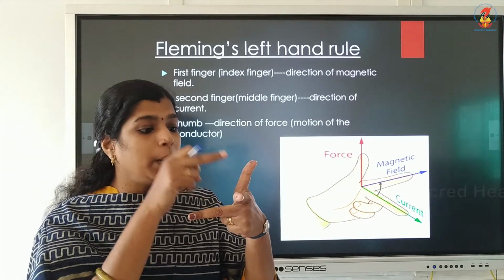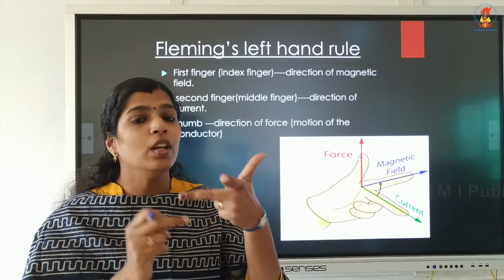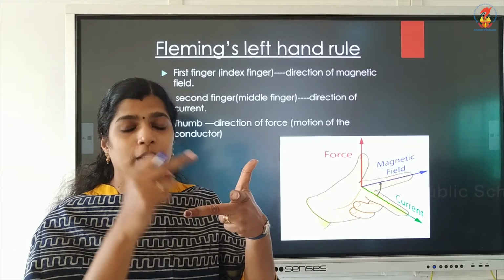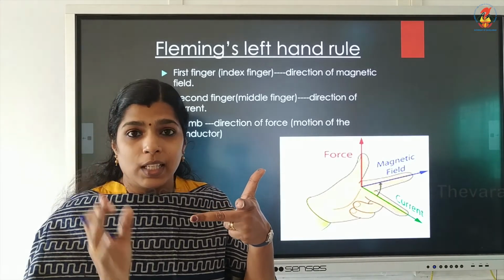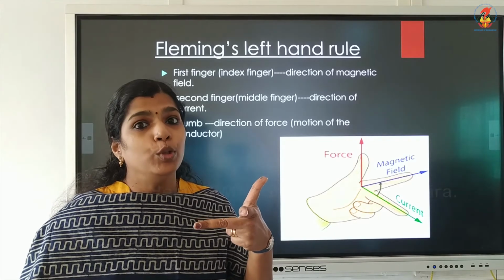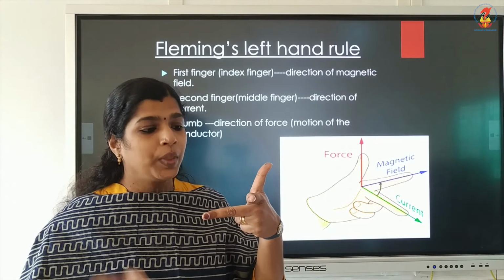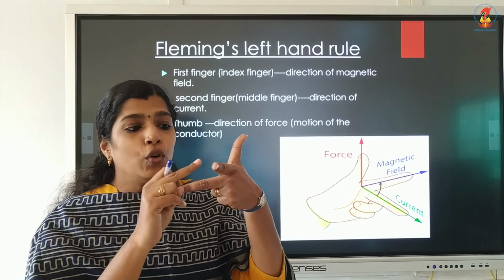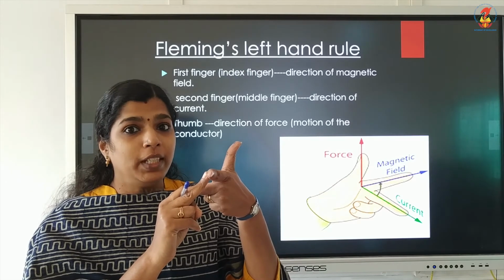The angle between the thumb and the forefinger is 90 degree. Then, the forefinger will represent the direction of magnetic field.